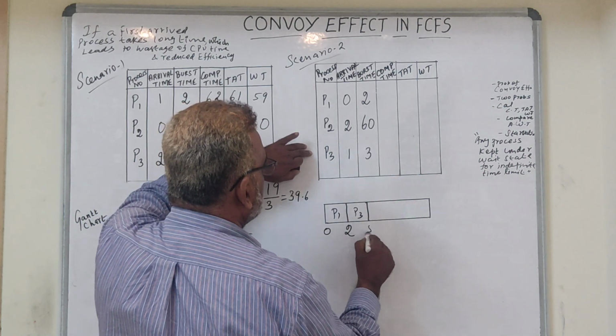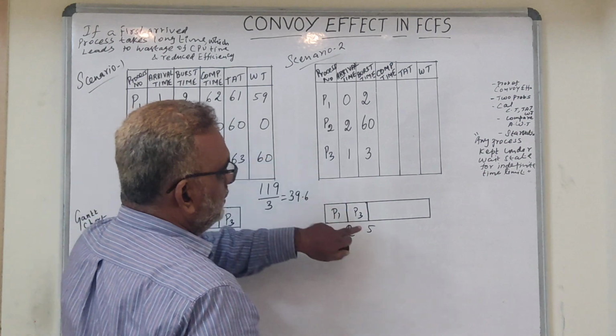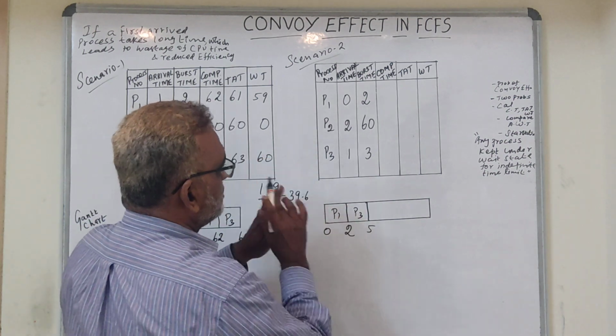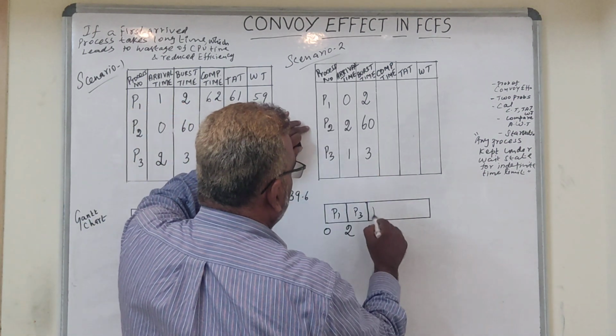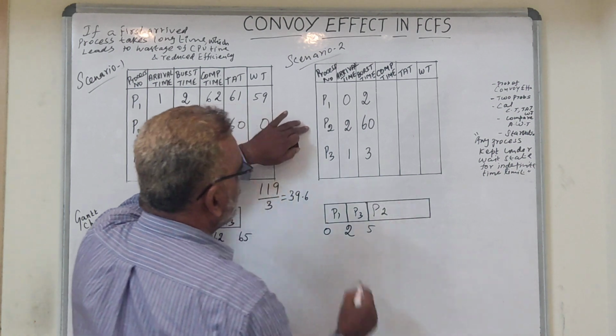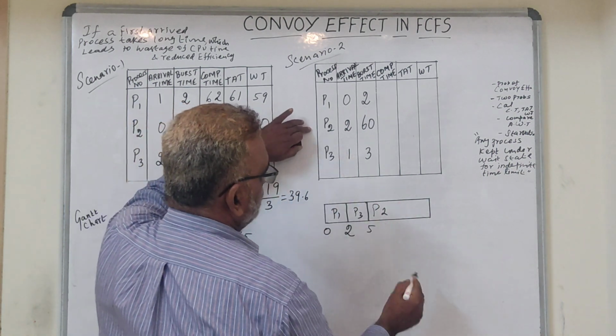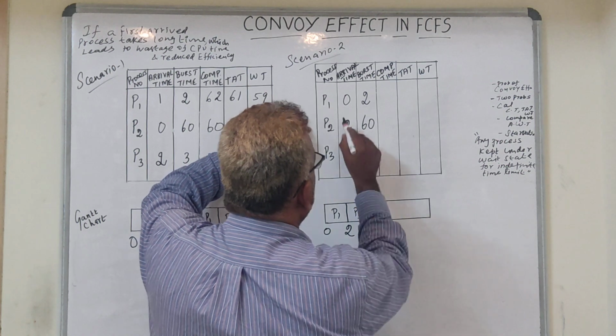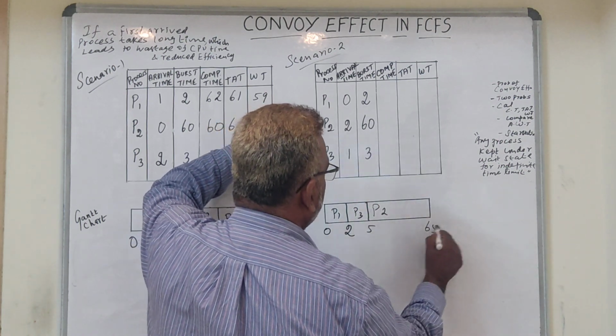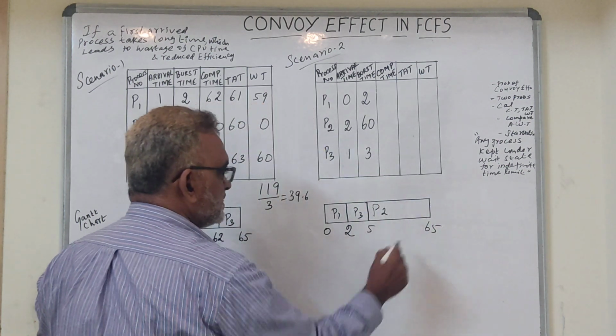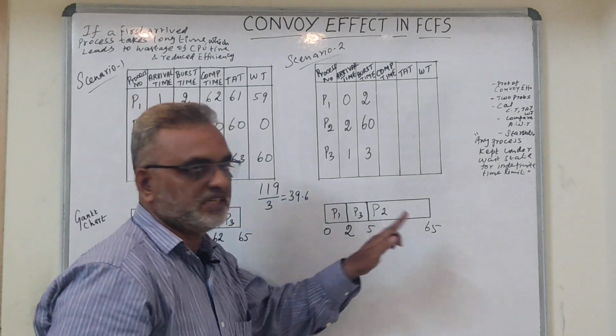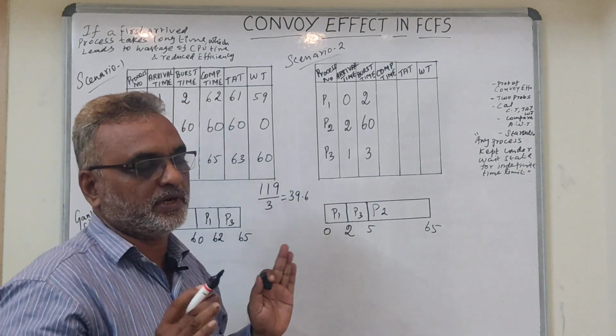So 2 plus 3 is 5. At the 5th millisecond, process 3 is over. Finally we are providing the processor to process 2, which takes 60 milliseconds. So 5 plus 60, at the 65th millisecond, process 2 is over.